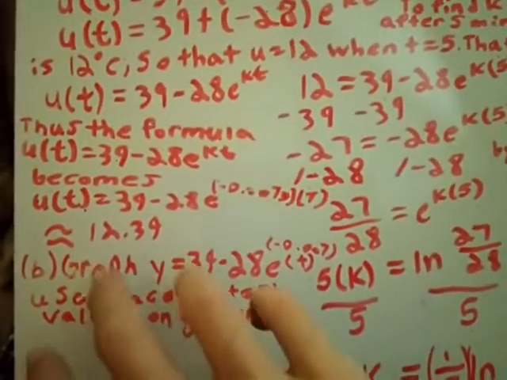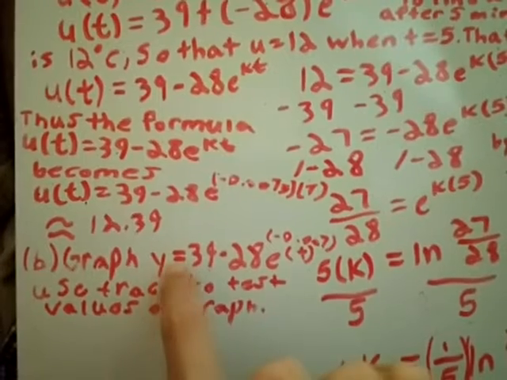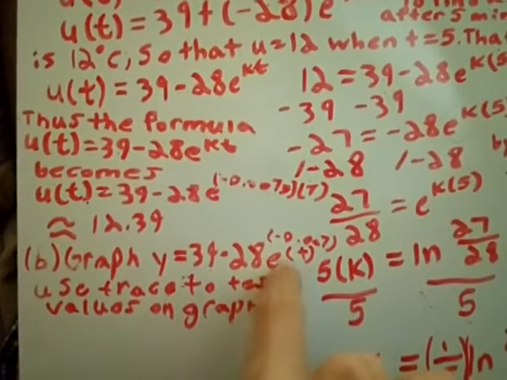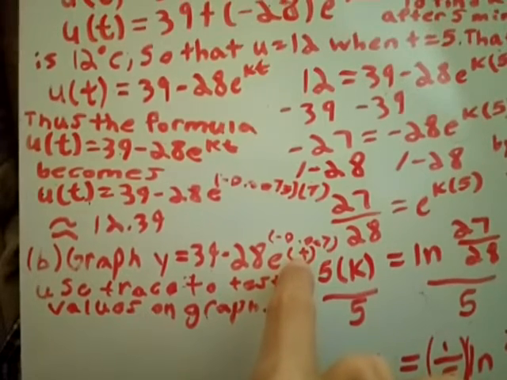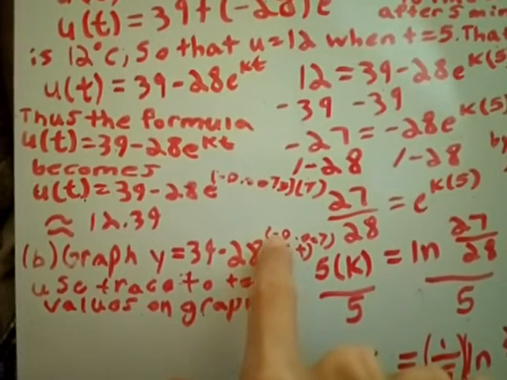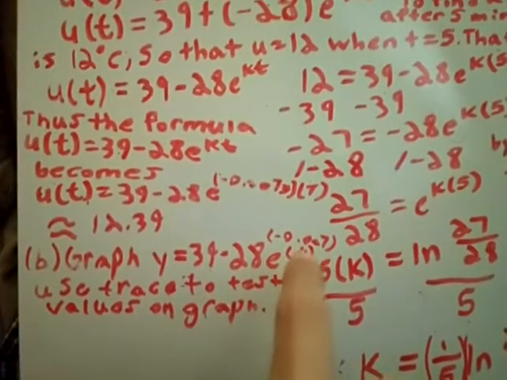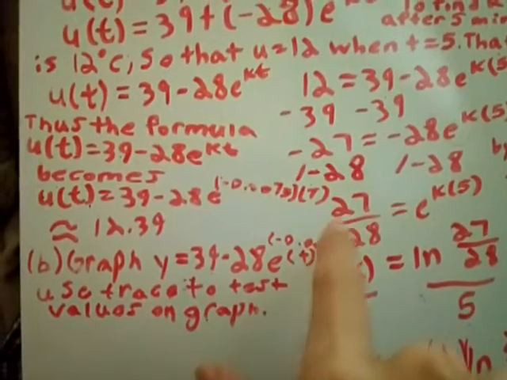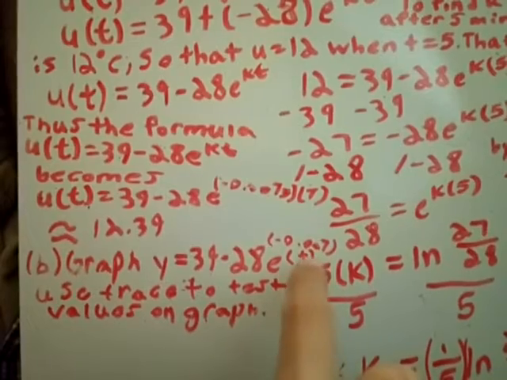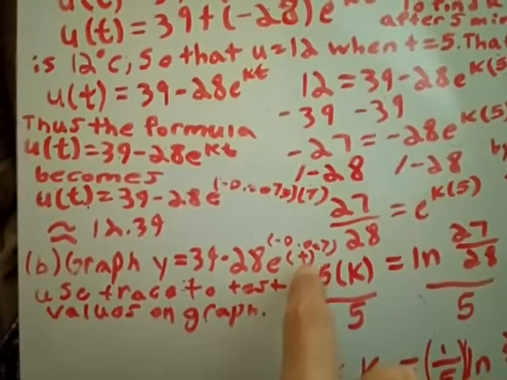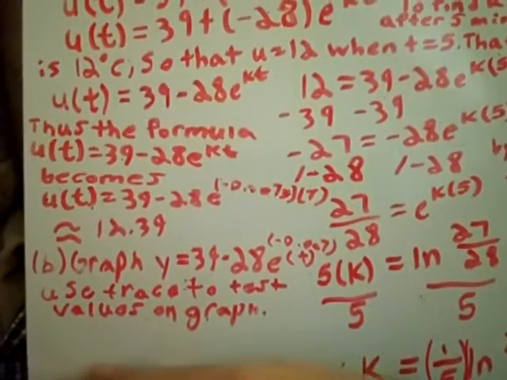I could also graph the formula, y equals 39 minus 28e raised to the kt power, by putting in negative 0.007 times x.